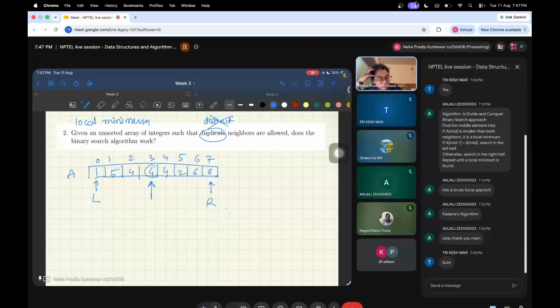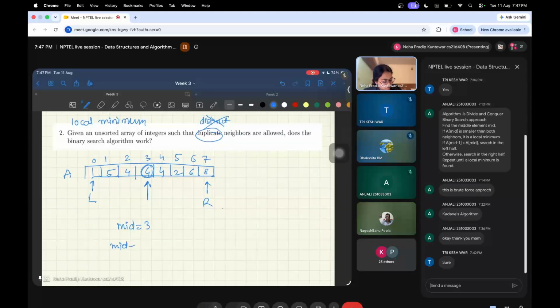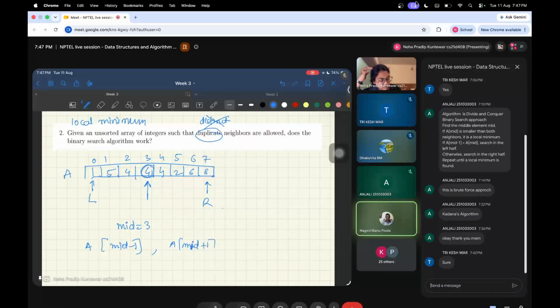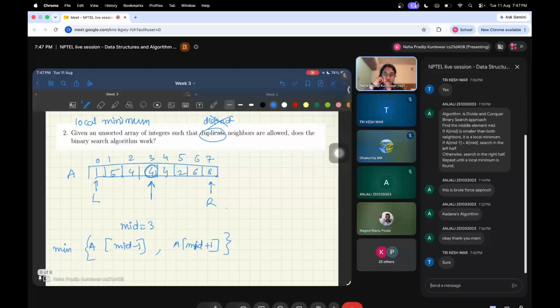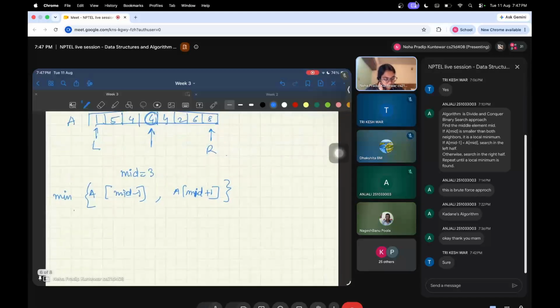Now what does the algorithm say? You look at A of mid minus 1 and A of mid plus 1, and whichever is minimum, you go there, and move to that half.